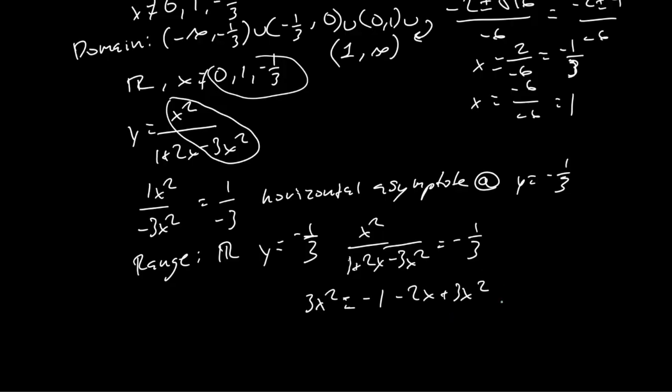So that's just 0 equals negative 1 minus 2x, so x equals negative 1/2. That means there is an x value there, so we do include it, and the range is negative infinity to infinity, or all real numbers. So that was a pretty tricky one, but if you work it out through just normal algebra, you'll find it.